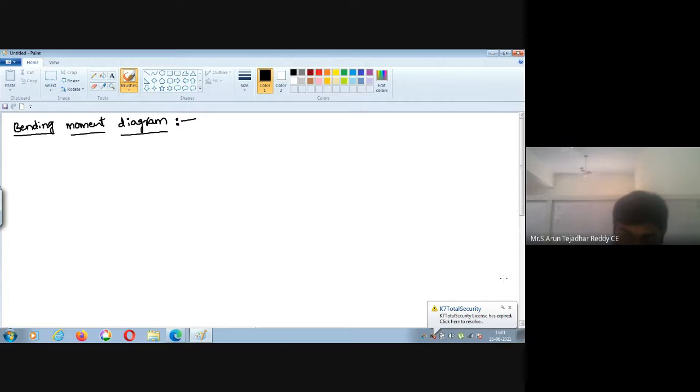Here we have two types of bending moment diagrams. One is the maximum bending moment diagram. One is the fixing moment bending moment diagram.